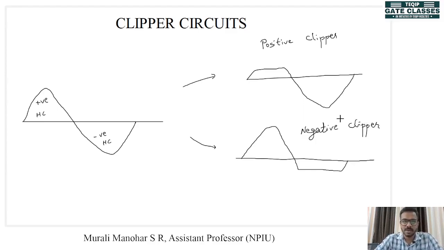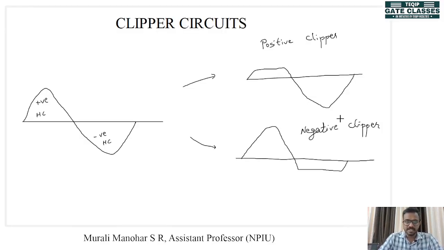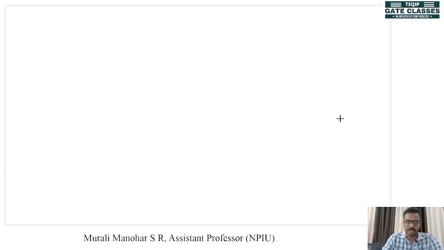Now we will see how a diode makes a positive clipper or a negative clipper. We have already seen one classification of a clipper circuit, that is, positive clipper and negative clipper. There is also another classification that depends on the position of the diode.